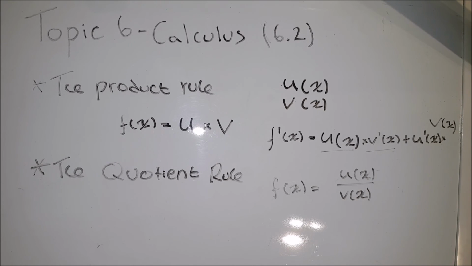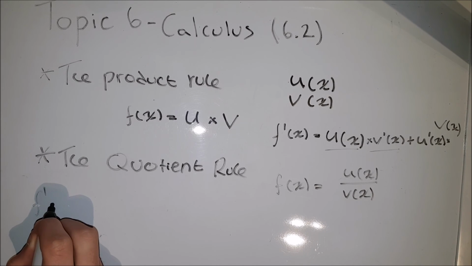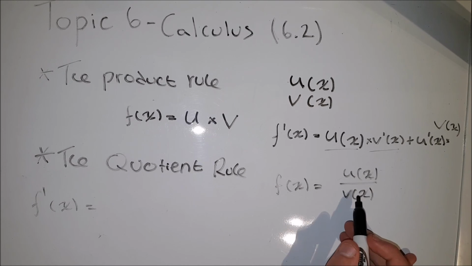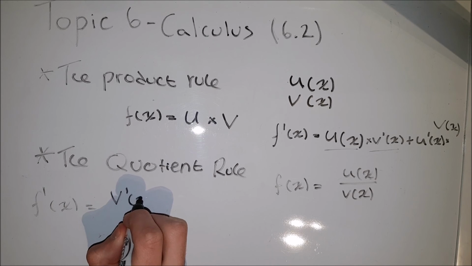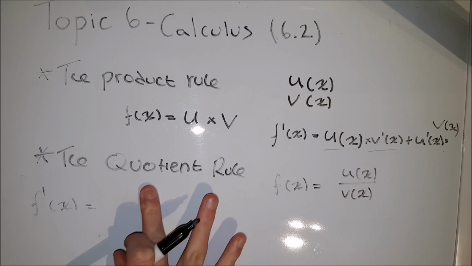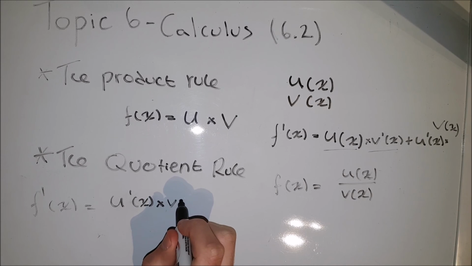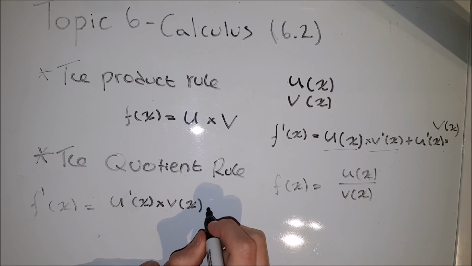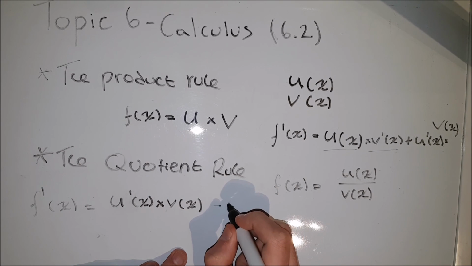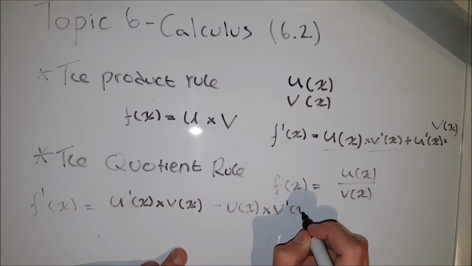If you want to find the derivative of this one, you always begin with the derivative of the top times the bottom one, minus the normal top one times the derivative of the bottom one.